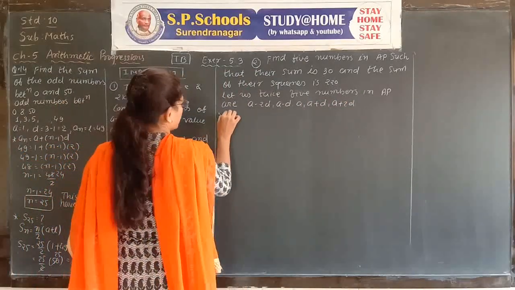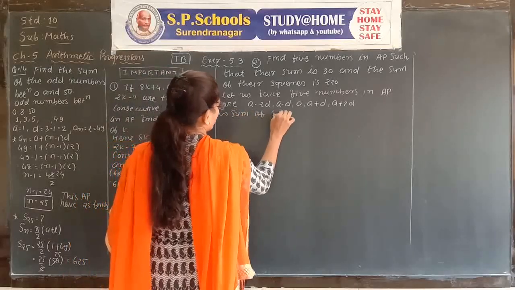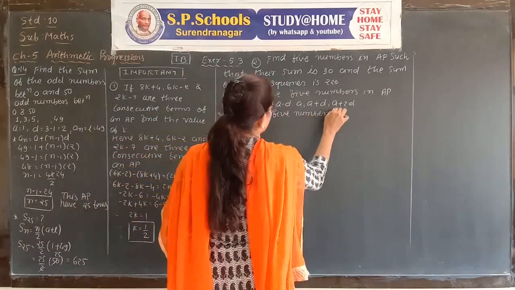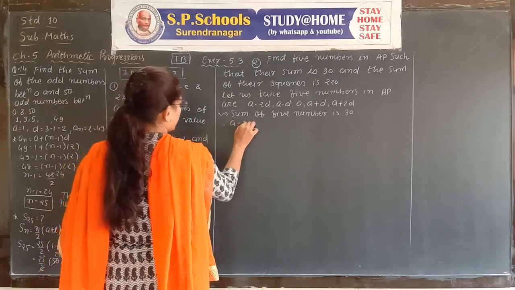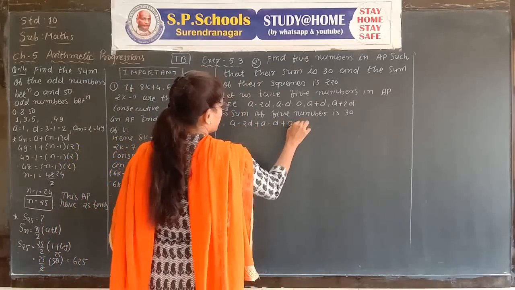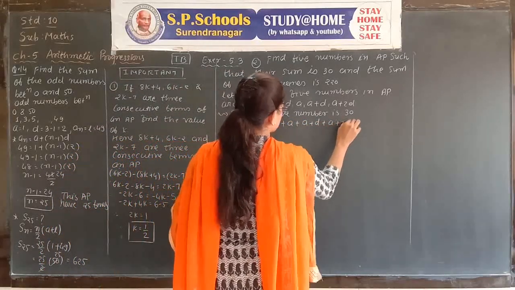First condition is that the sum of the 5 numbers is 30. That's why A minus 2D plus A minus D plus A plus A plus D plus A plus 2D is equal to 30.